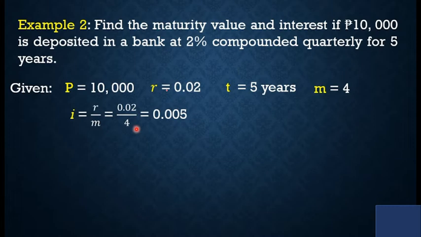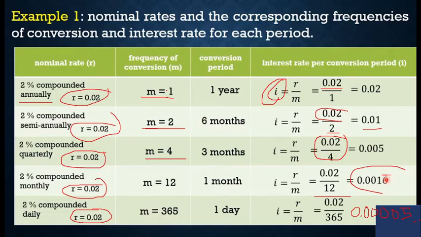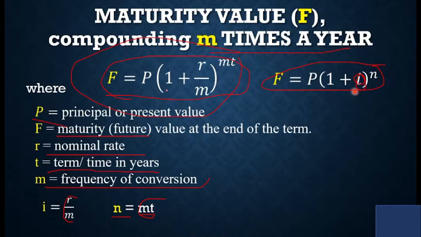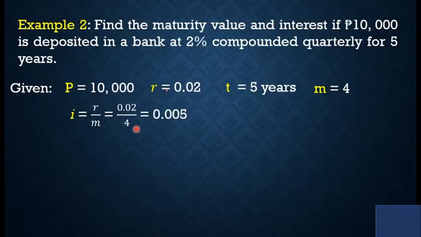What is the frequency of conversion for quarterly? It is 4, not 3.